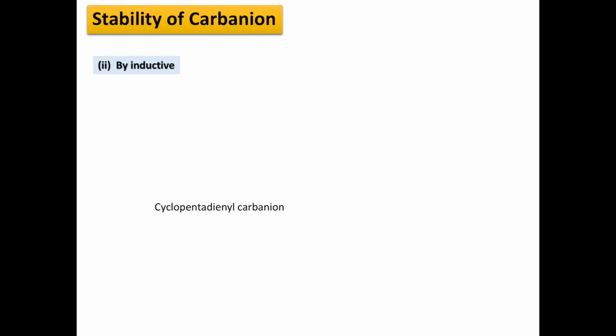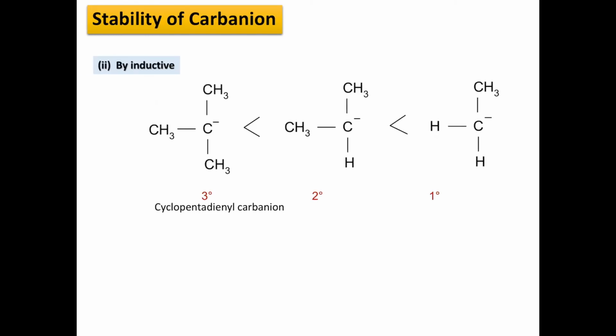The second factor is the inductive effect. If you remember, in the previous slides we said that the inductive effect has an effect on the stability of the positive charge. With the same scenario but in the opposite direction, it has an effect on the stability of the negative charge.